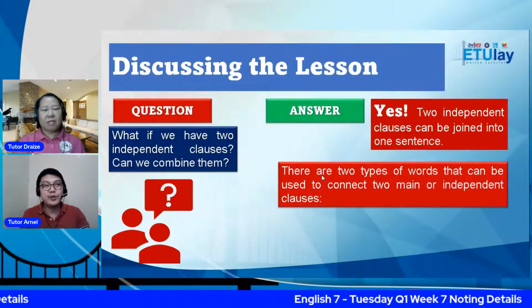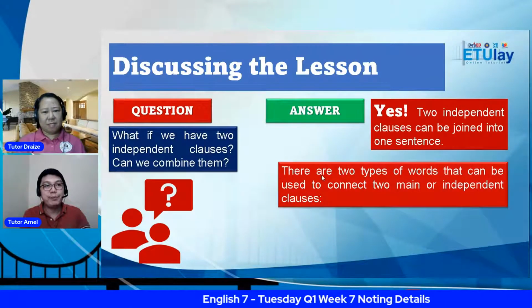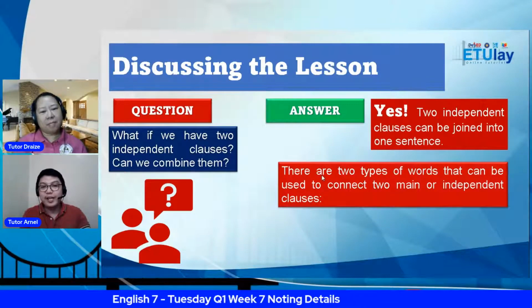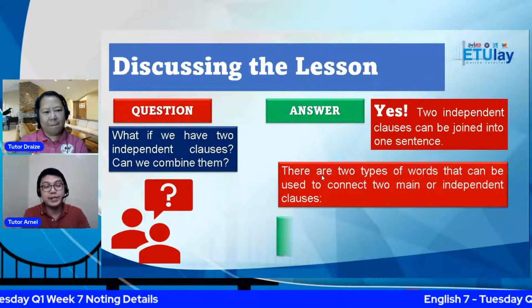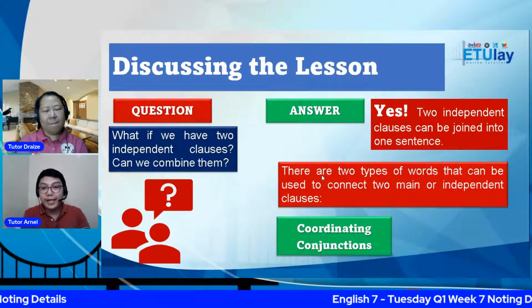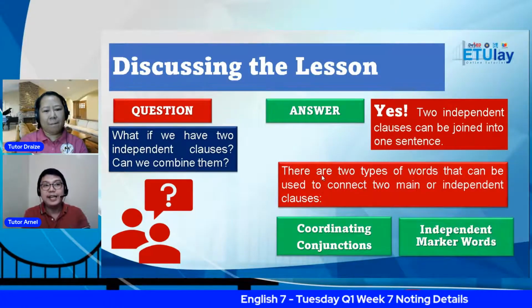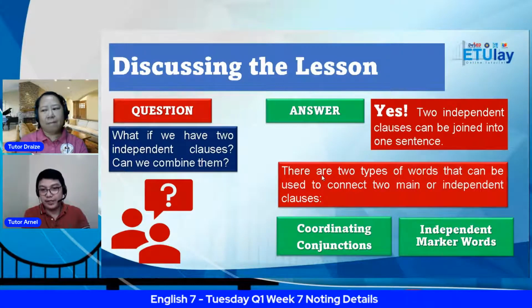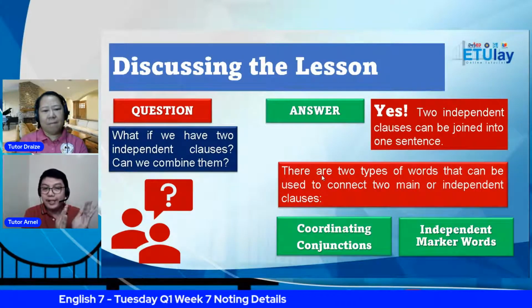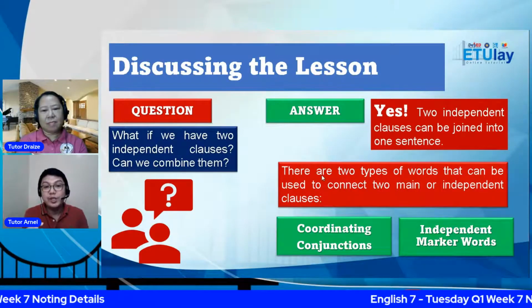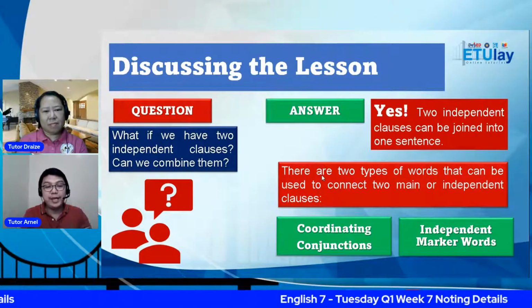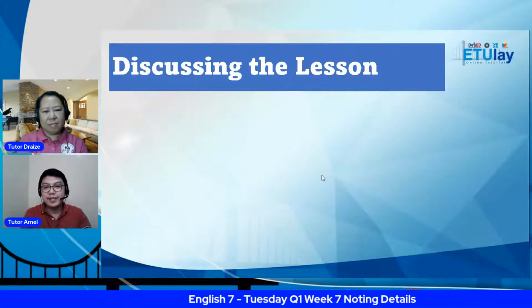There are two types of words that can be used to connect two main or independent clauses. So there are two types of words that we use to combine these two sentences. So for example, coordinating conjunctions and independent marker words. Okay, so coordinating conjunctions and independent marker words are the words that we use to combine two independent clauses.